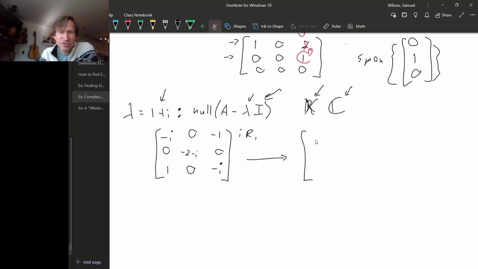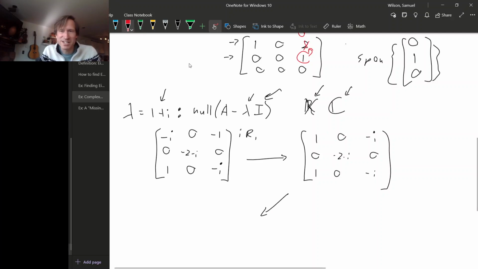So that's going to make this first row 1, 0, minus i. And then 0, minus 2 minus i, 0. And then 1, 0, minus i. Now, to continue row reducing, we're going to need to do row 3 minus row 1.